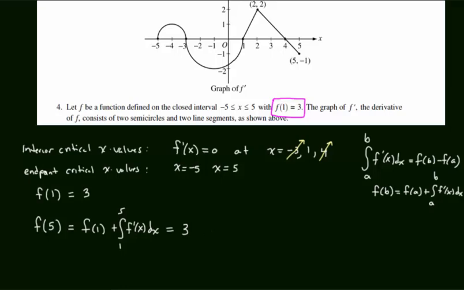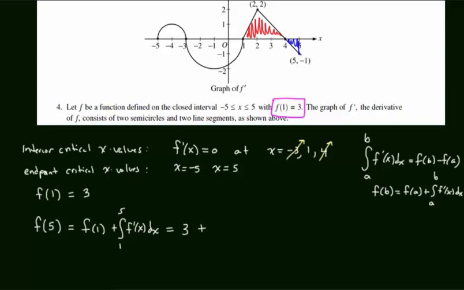Now I'm going to appeal to geometry to find the integral from 1 to 5 of f prime. That'll have me look at this triangle in red, and then this triangle in blue. So let's come down here.